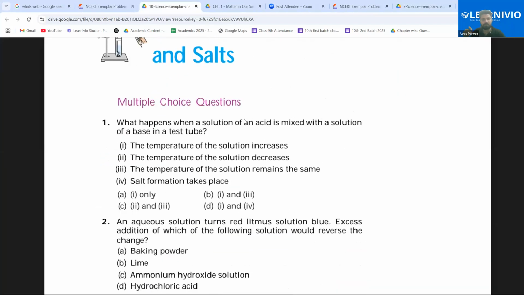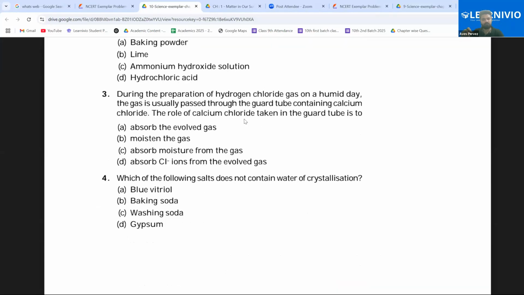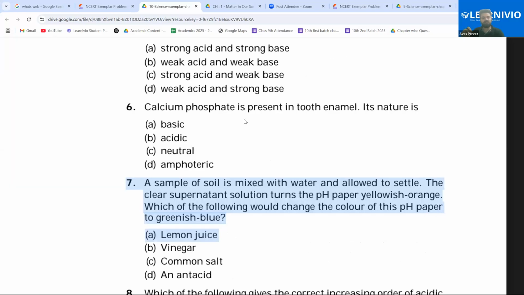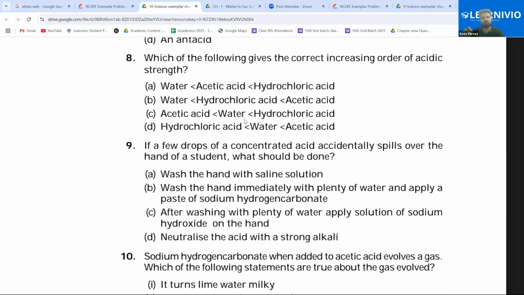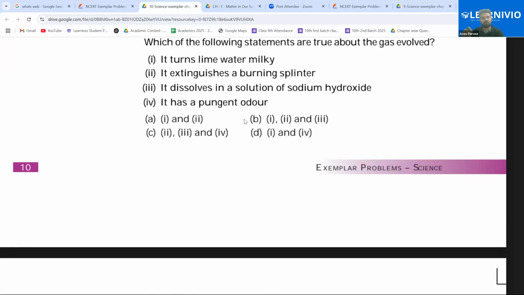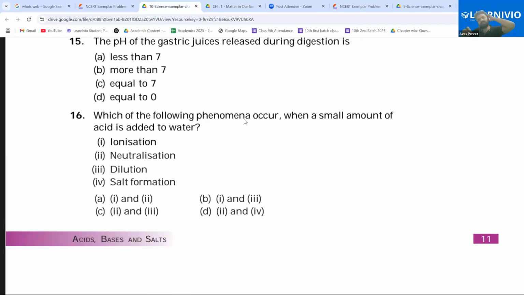Tell me. What would be the answer? The question. What could be the answer for question number 16? Please note this question fast.